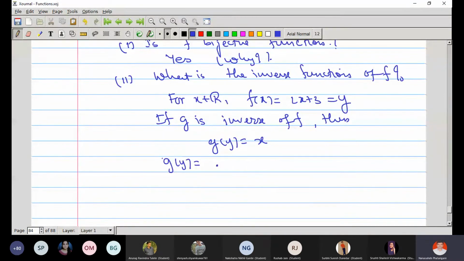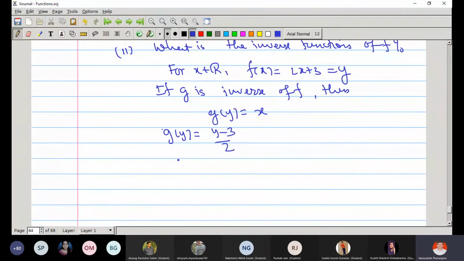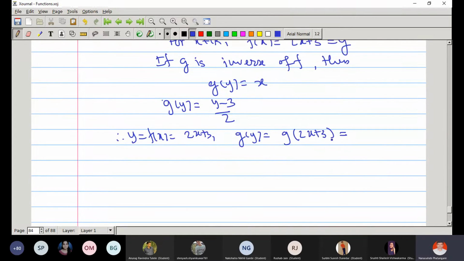(y minus 3) by 2 is g of y, because if we apply g on y, where y is equal to f of x, 2x plus 3, then what is g of y? That means what is g of 2x plus 3? By the definition of g, it is (y minus 3) by 2.